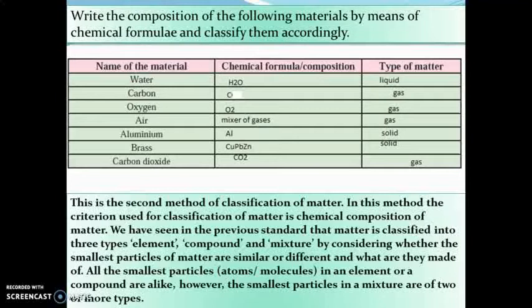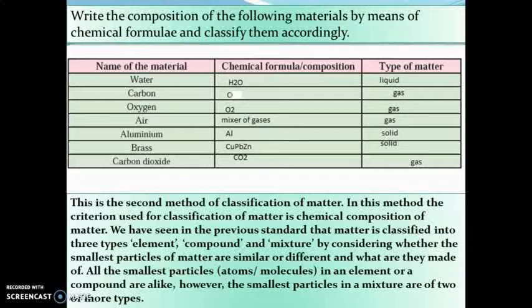Alike means same. However, the smallest particles in a mixture are of two or more types. So based on whether the particles or atoms present are same or different, we have this way of classifying matter.